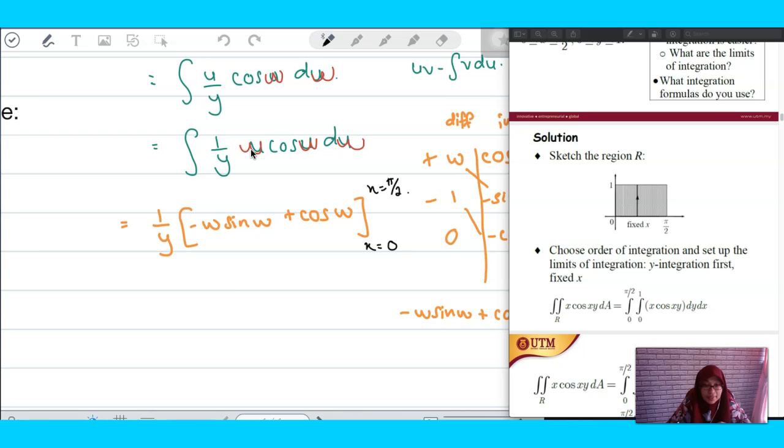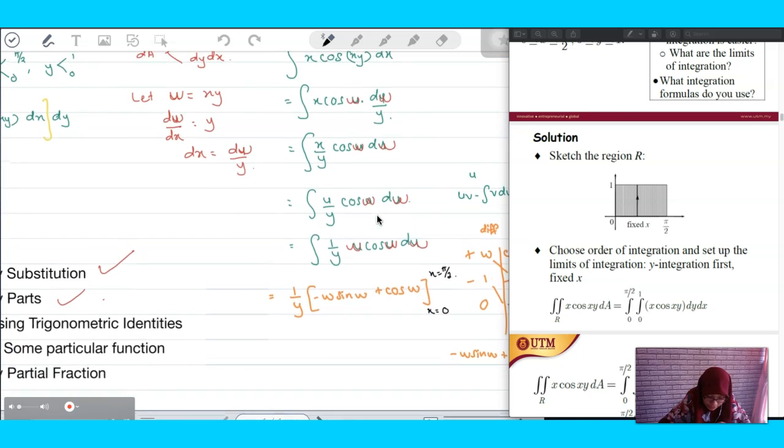Right? But because now you have the expression in terms of w, but this limit belongs to x, you have to find the value of w.